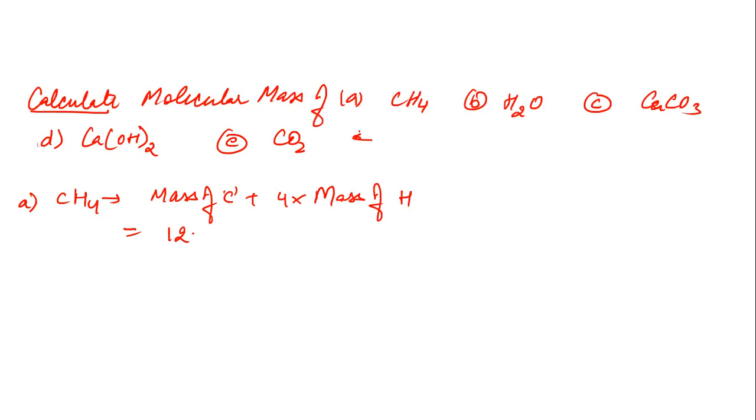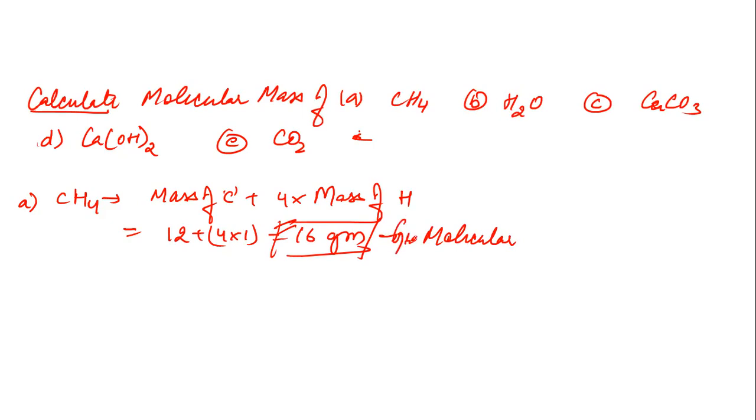So mass of carbon is 12 plus 4 into 1 is equal to 16 gram. Here, this is known as gram molecular mass. Is that clear?